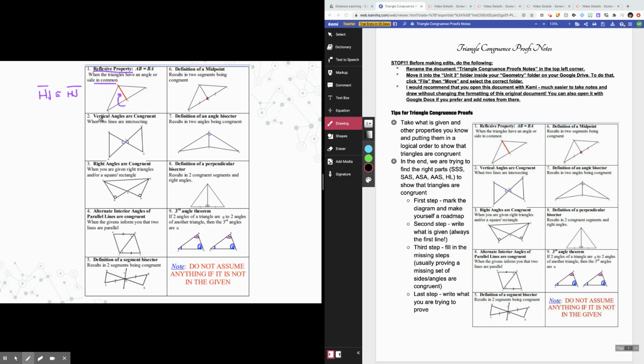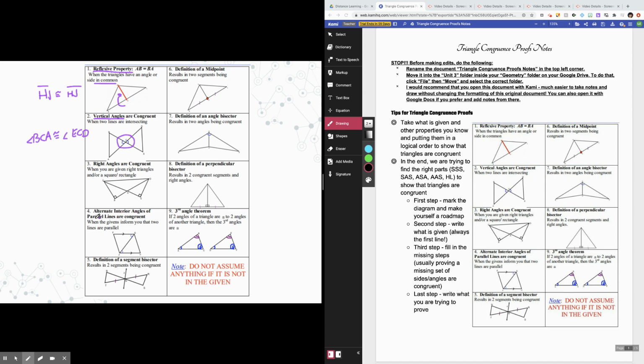This is another very common one, vertical angles. That's going to give you a set of congruent angles here in the middle. So I would say, for example, angle BCA here is congruent to angle ECD. So that would give me a set of congruent angles.